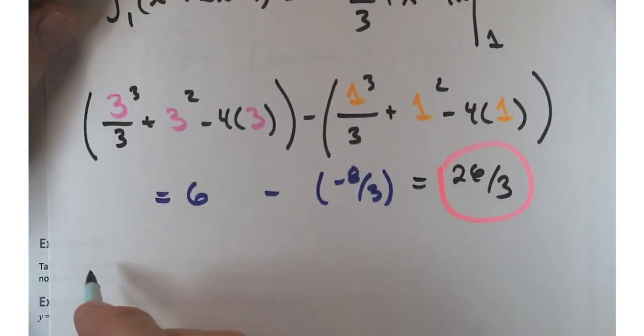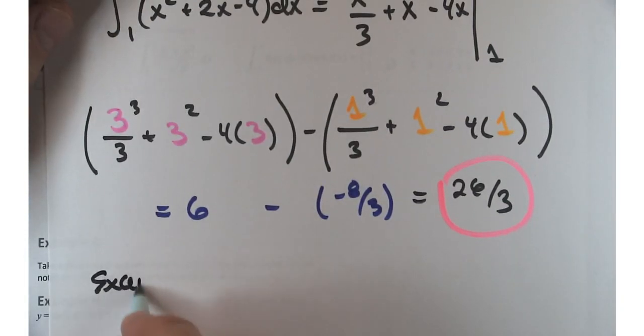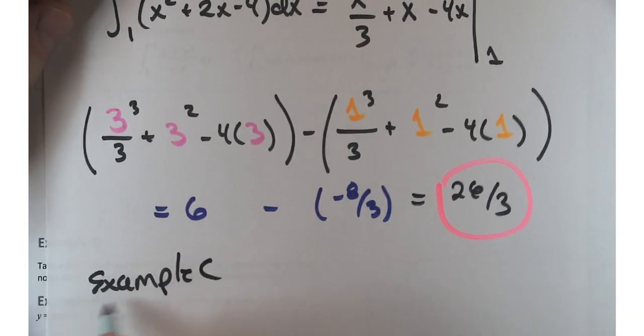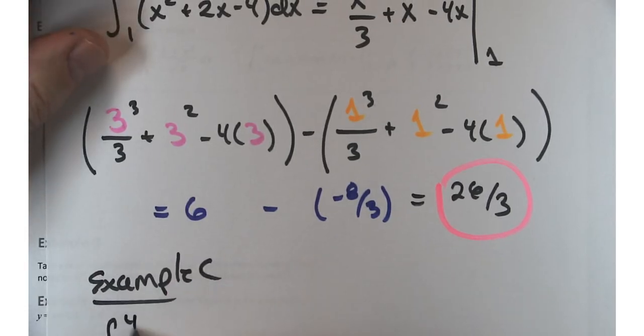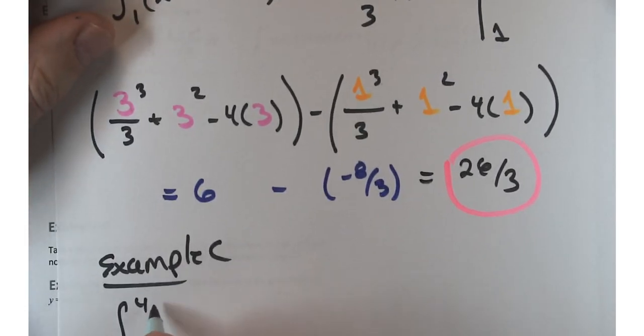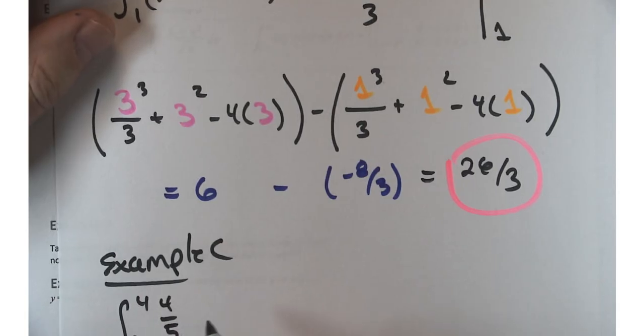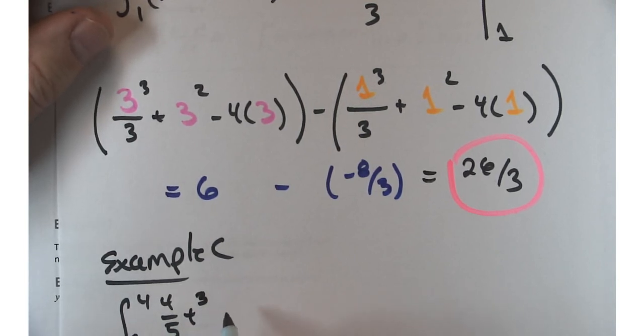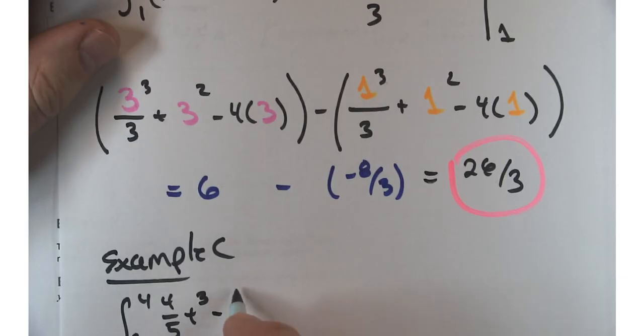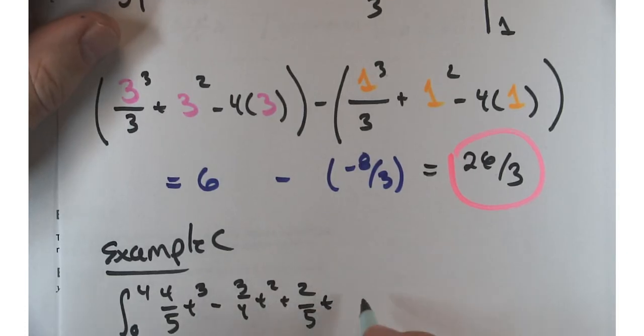So we've got the integral from 0 to 4 of 4/5 t cubed minus 3/4 t squared plus 2/5 t, and that's all dt. I sigh because I'm seeing a t here. I don't like the t's. They look too much like pluses.